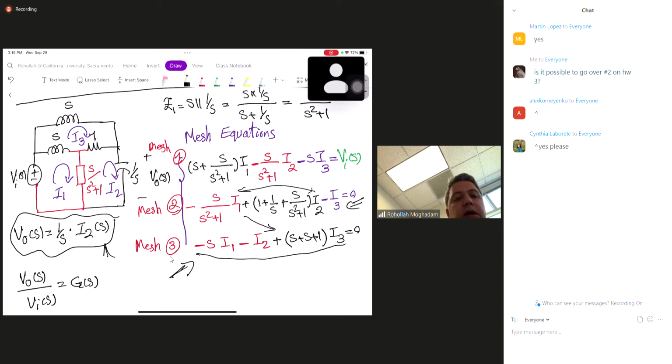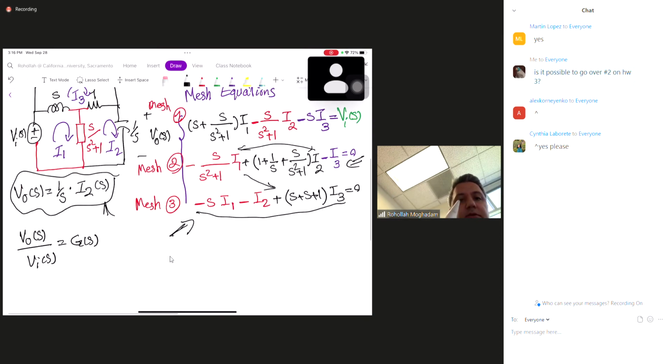But not for a complex set of equations like this, because you don't have enough time to solve it. But at home, you have enough time, and I want you to try it, because this is going to be good practice for the case that you have only 2 meshes, like what we have in the top left circuit. All right, does it make sense?